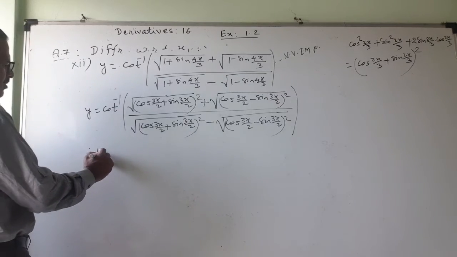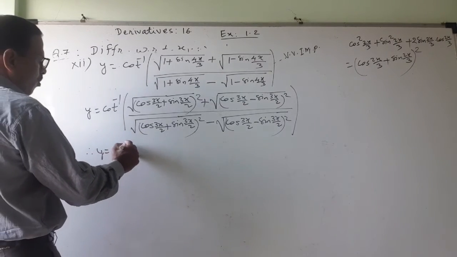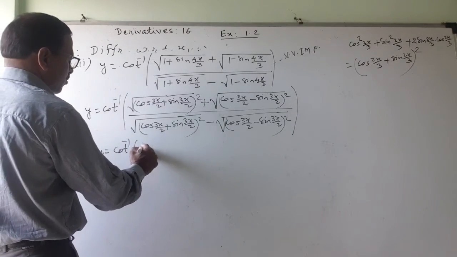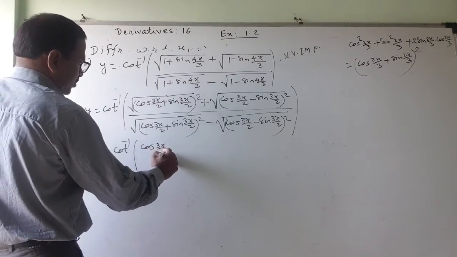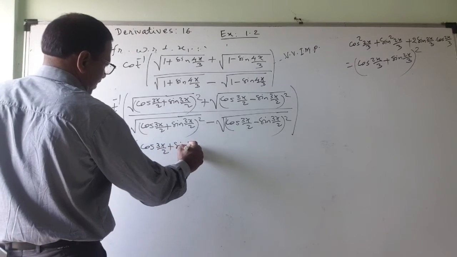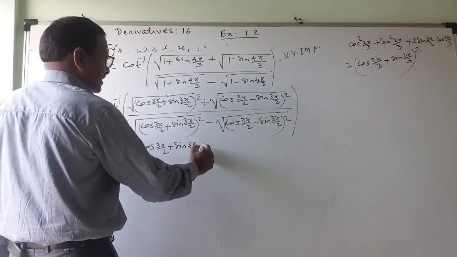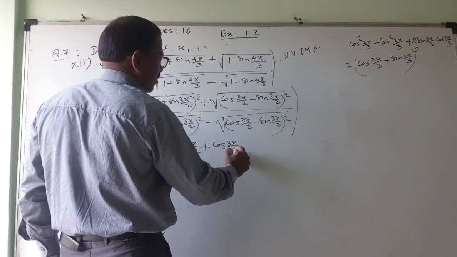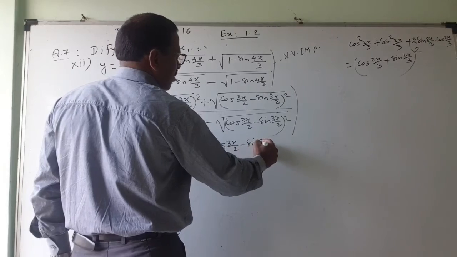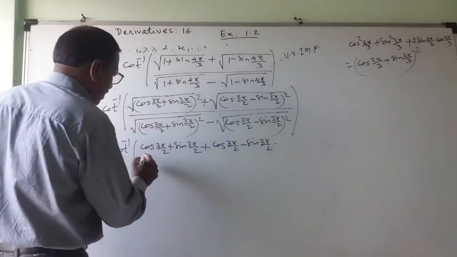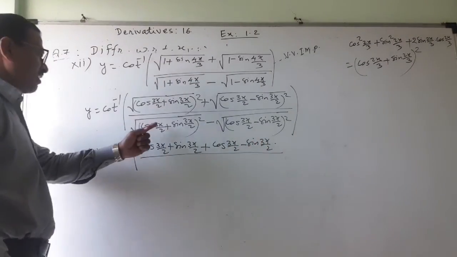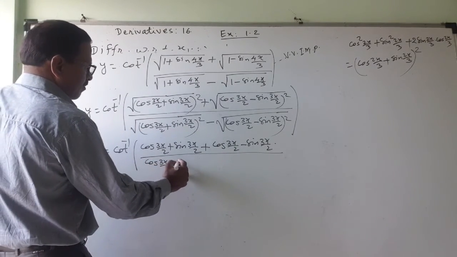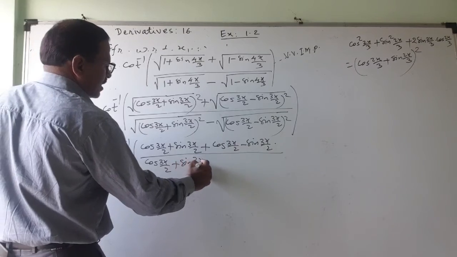Therefore y is equal to cot inverse of, this will be cos plus sine plus, this will also get cancelled, cos minus sine, upon, now this will get cancelled, cos plus sine.